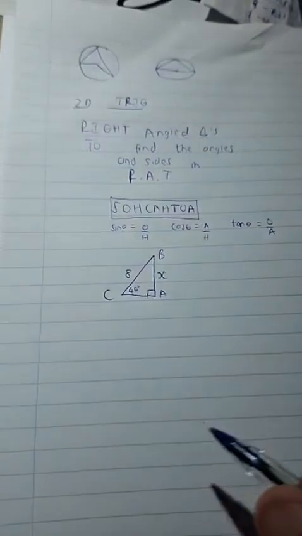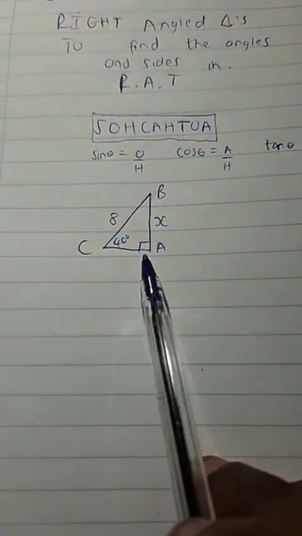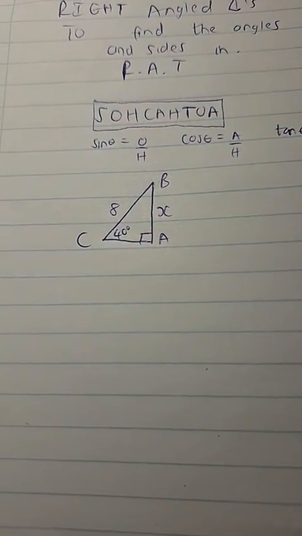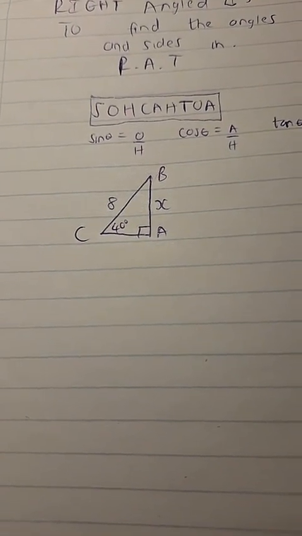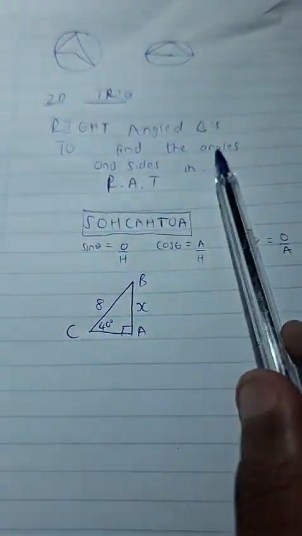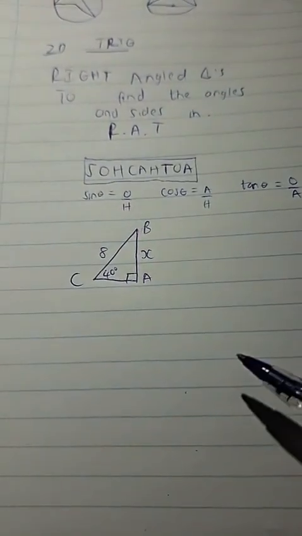And then I say to you, find the value of x. How am I going to find the value of x? What do we do? You know, it's a right angle triangle, and I said to find the angles and sides in a right angle triangle, we use SOHCAHTOA.